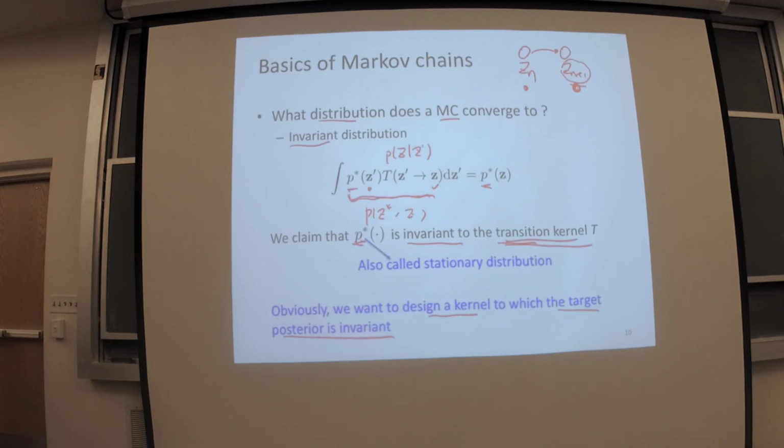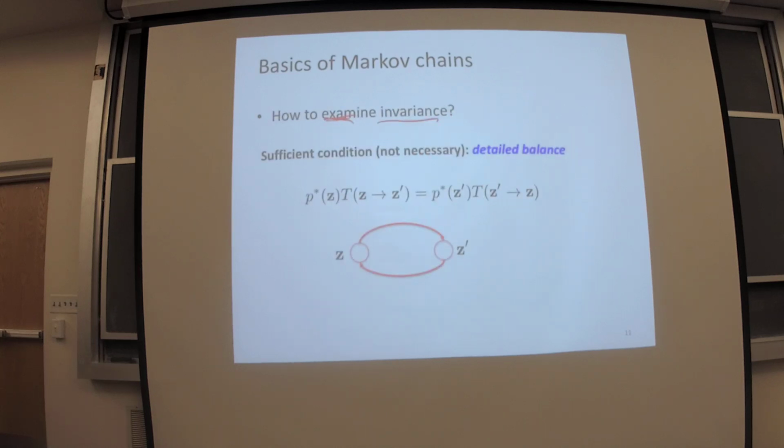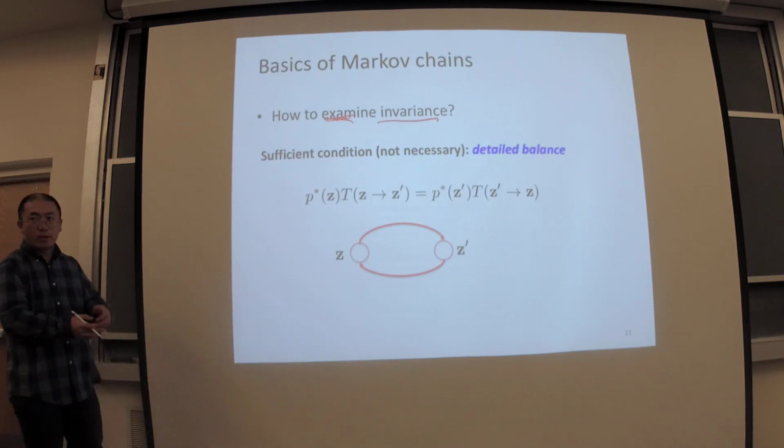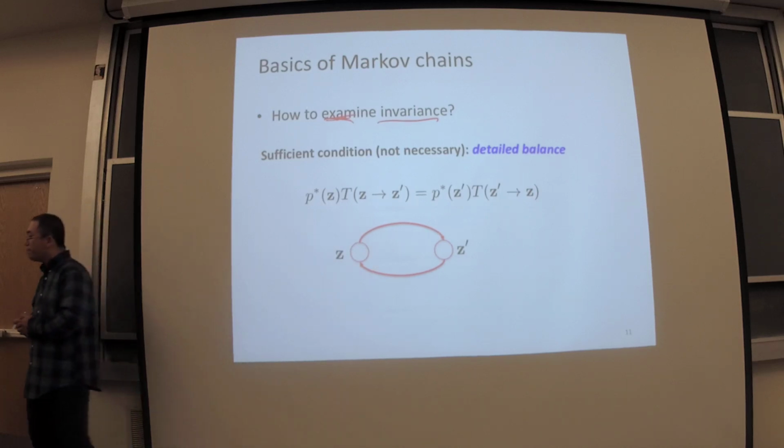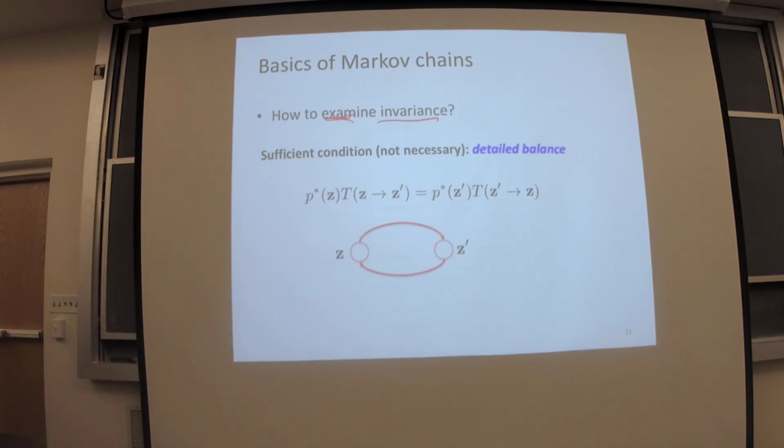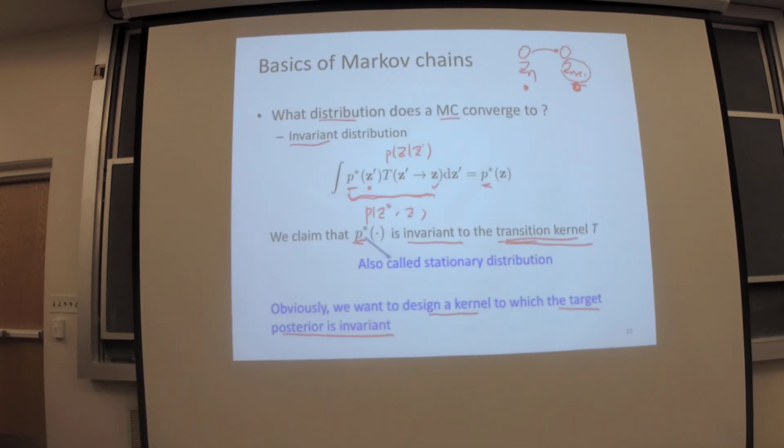How do we design a transition kernel? To find that transition kernel, we need to examine the invariance. We need to ensure that when I propose a new transition kernel, the true posterior is invariant to it. Otherwise, the chain is useless. Then that raises an important problem: how can we examine invariance? From the definition, we need to do this marginalization.